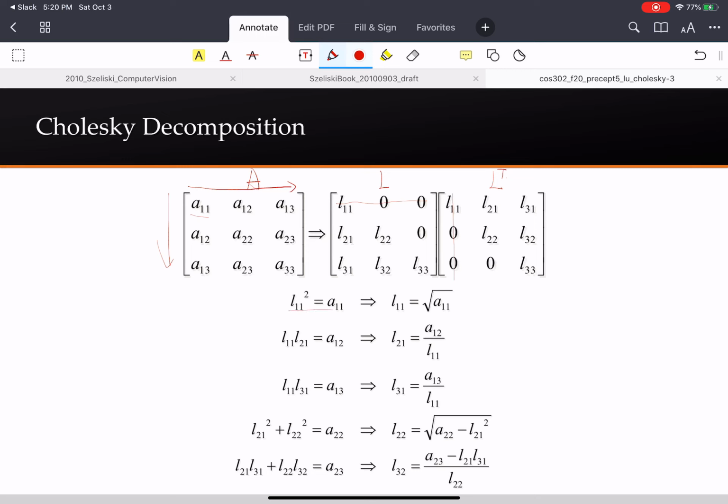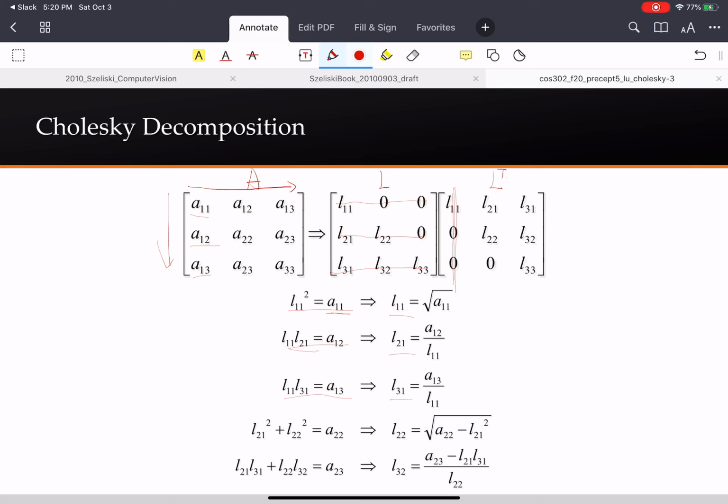And to compute A12, we need the second row in L and the first column in L transpose. And to compute A13, we need the third row in L and the first column in L transpose. And with these three equations, we compute L11 and L21 and L31.